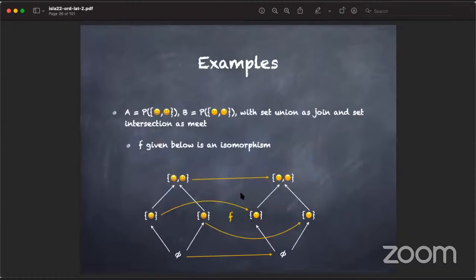We already saw that this was an order preserving isomorphism. Now we can also see that this is a lattice isomorphism as well. Are you with me? Okay.